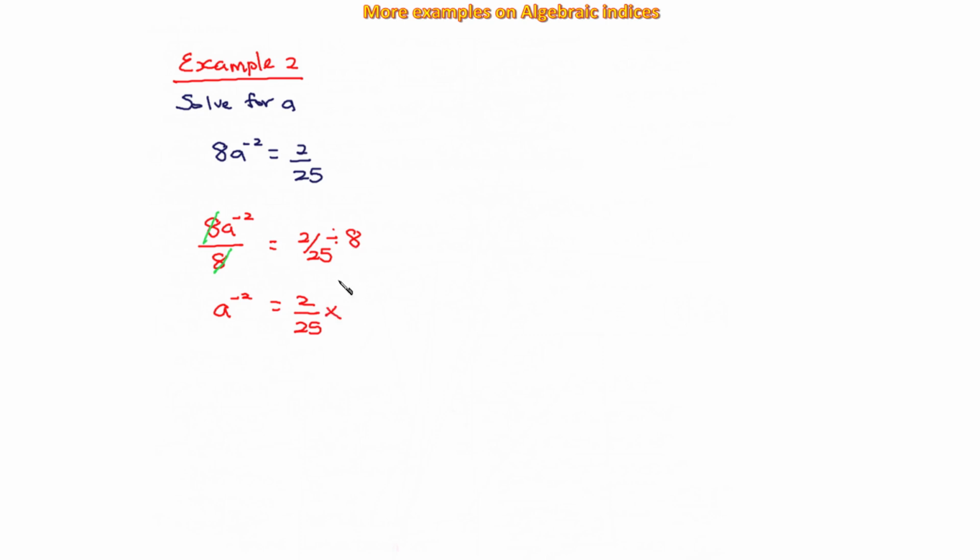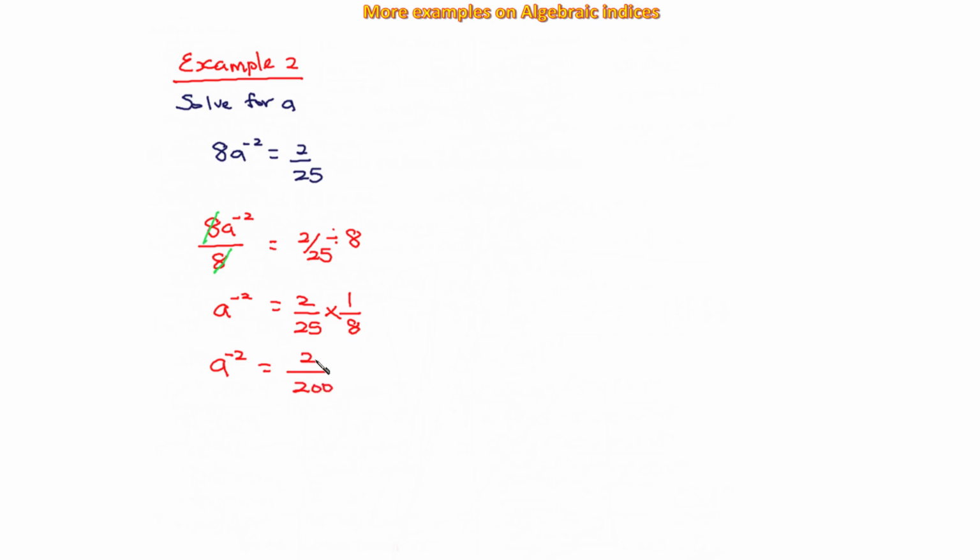The 8 becomes 1 over 8. Now you have a raised to power minus 2 is equal to 2 times 1 over 25 times 8, that's 200. Now you have 2 over 200.